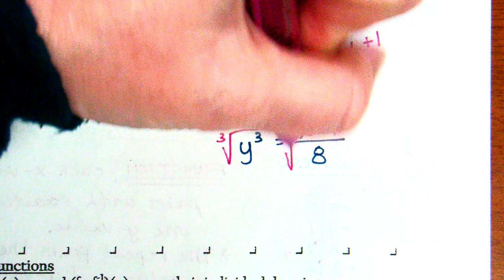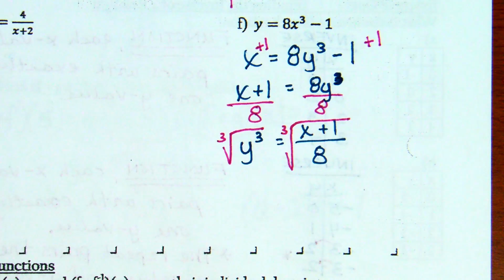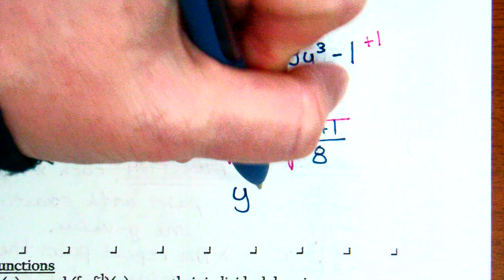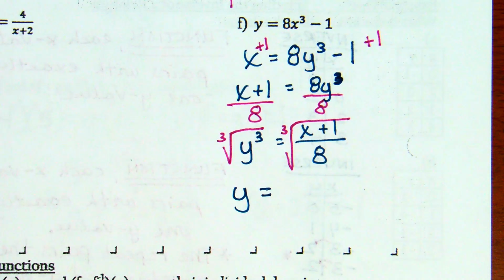Okay, so we have some options here. One option is to just leave it. It's not the most simplified option, so Math Excel would probably balk at it. But one option would be to say the cube root of x plus 1 over 8, where it's all under the radical. In terms of x plus 1, it is a sum. I can't take the cube root of those because they are added together, so the cube root of x plus 1 has to stay that way. However, the denominator, do we know the cube root of 8?